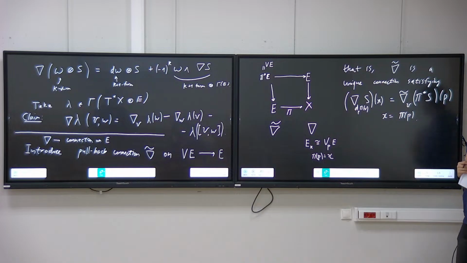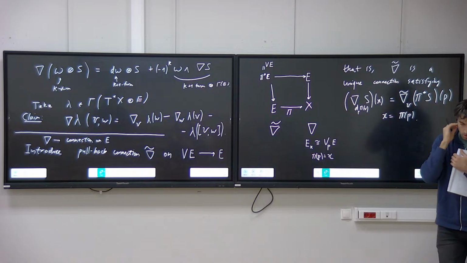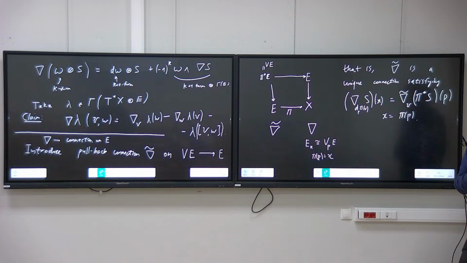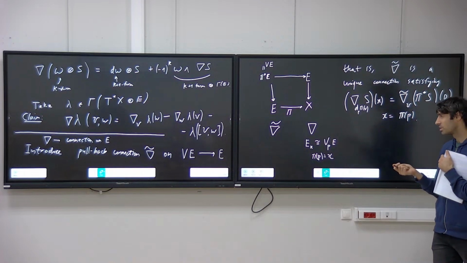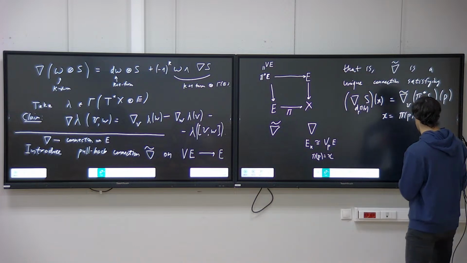And can we find a horizontal distribution in this bundle? For nabla tilde, we always can define a horizontal distribution. We know how to go from a linear connection to a usual connection. So basically you are just doing the following thing.